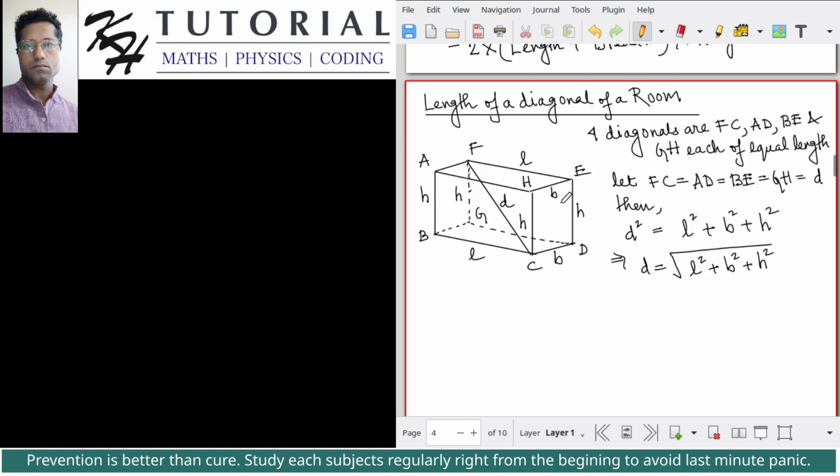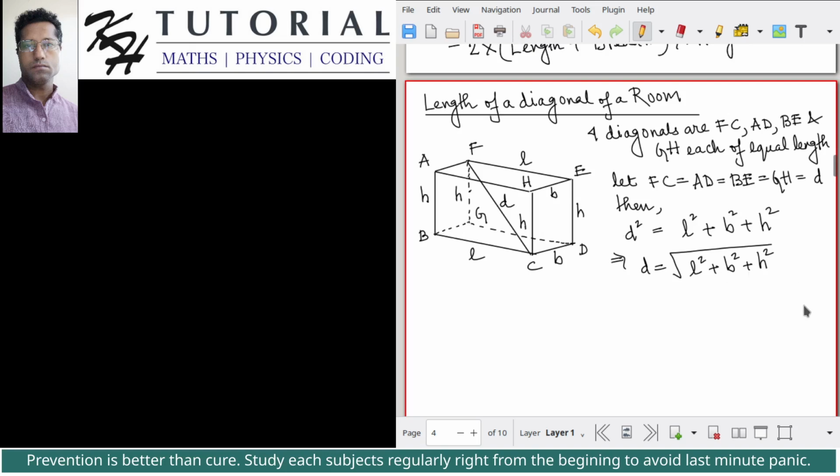If you are inside the room and try to find the length of the longest stick or rod that can be placed inside the room, then geometrically it means the longest distance between any 2 corners of the room. The corners of the room are the points A, H, E, F, the corners of the roof, and also the corners of the floor, that is B, C, G, D.